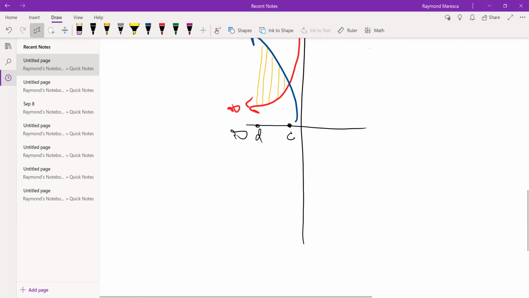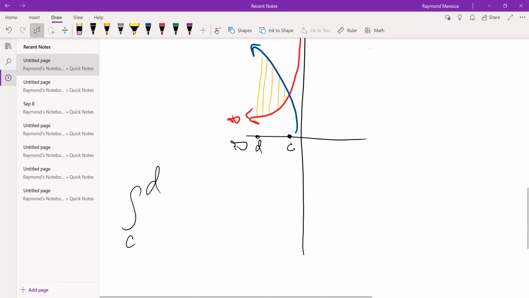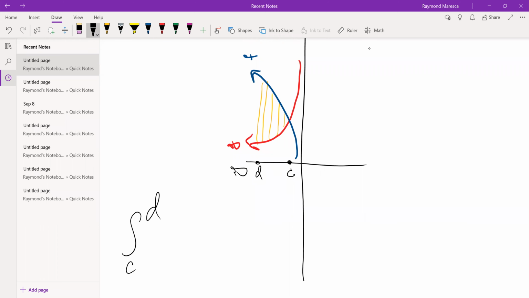And we actually know how to compute this area, right? We can use the tools that we used before. So we can do the integral from c to d of the bigger function here, which would be f. But the key here is that f is no longer in terms of x, it's in terms of y. So we're rewriting f as a function of y, and it's the bigger function here.